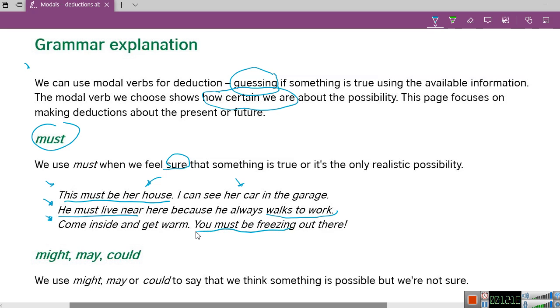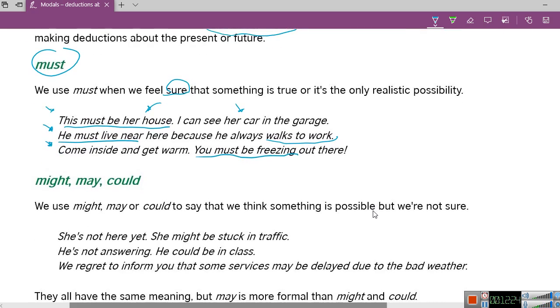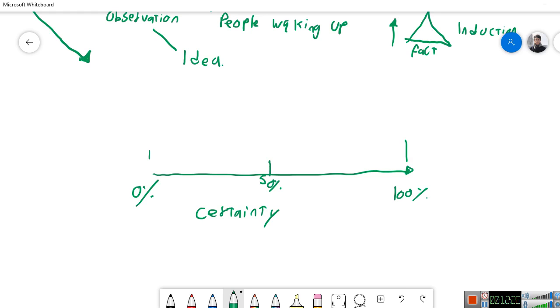You must be freezing because I'm 100% sure that's what's going on right now. That is the case of must. This is certainty. So when we're 100% certain, we use must.